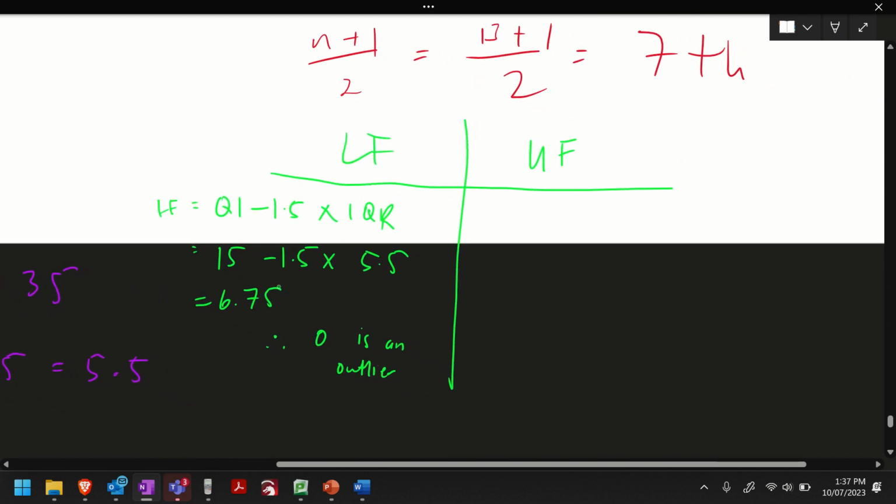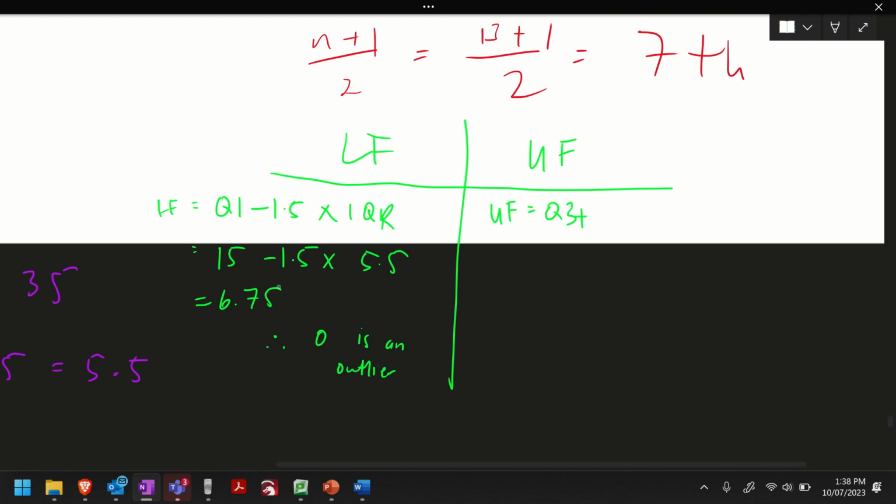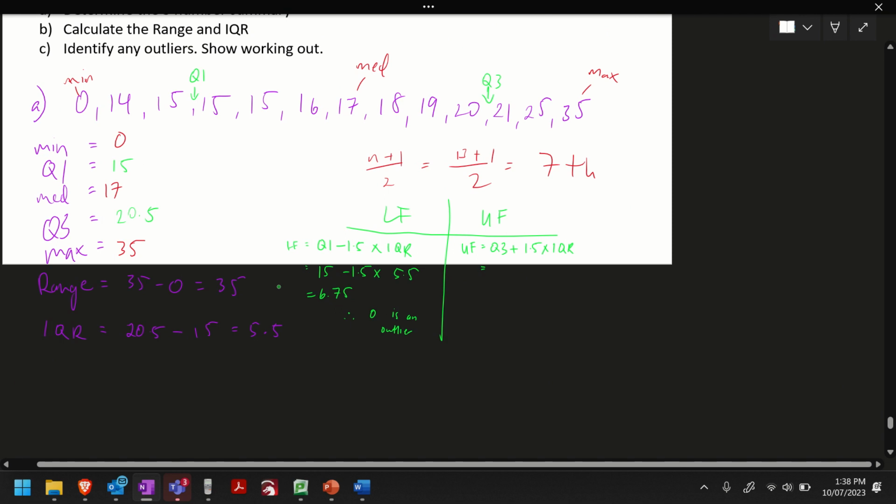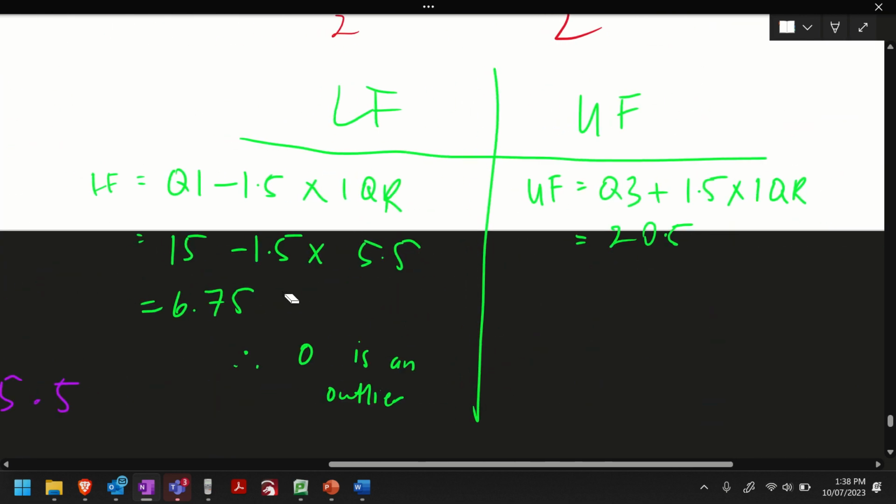Upper fence, same deal. The formula is Q3 plus 1.5 times IQR. So that's going to be 20.5 plus 1.5 times 5.5. You have to show your working out, guys, whenever you do this.